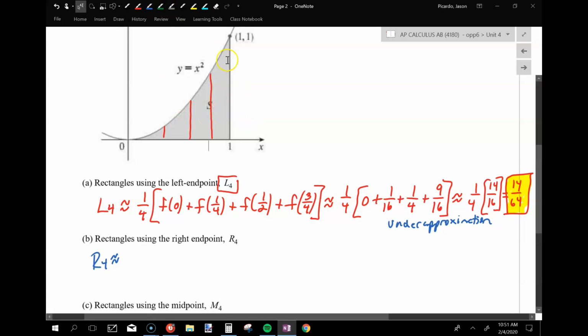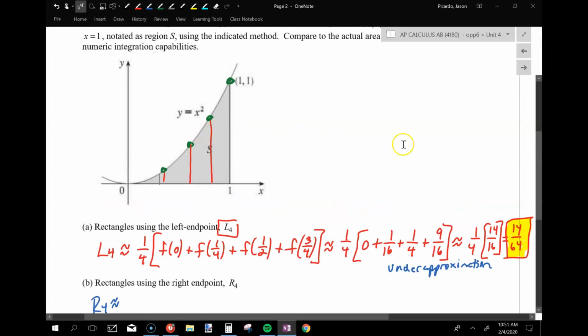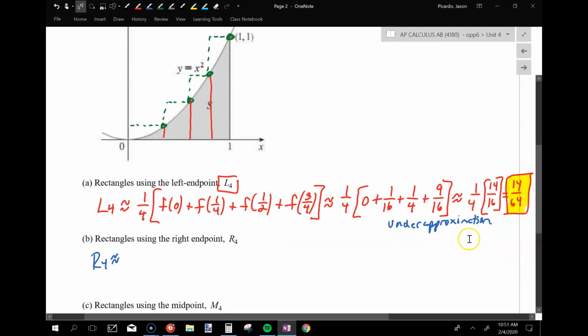That means I'm going to start at 1 and work my way to the left. 1, 2, 3, 4. And hey, check it out. Left, left, left, left. What's going to happen here? It's going to be a major over approximation, right?